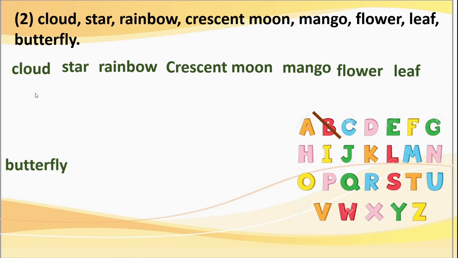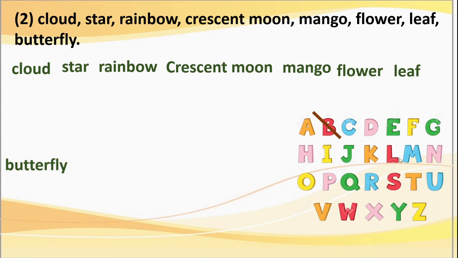The first letter is same, isn't it? Cloud and crescent. That is C. When a situation like this comes, then we have to move to the second alphabet. That is L and R. Now tell me which comes first, L or R in alphabet? L, isn't it?